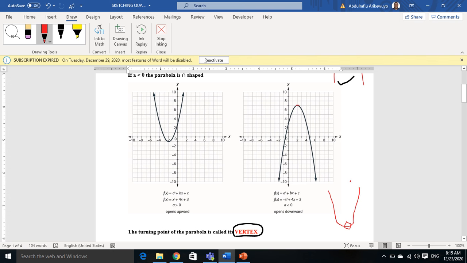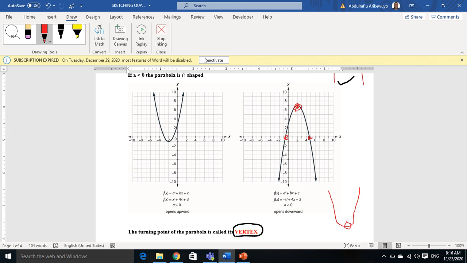So if you want to sketch the graph of a parabola, what you do is to find the values of x where the parabola will touch the x-axis, like this point, right? And this point, then we are going to find the vertex, which is the turning point, this point. These three pieces of information are what we need to sketch the graph of a quadratic function.